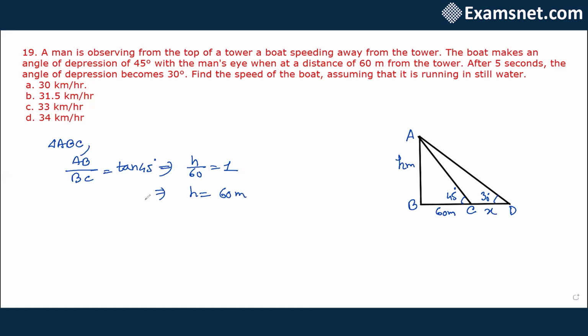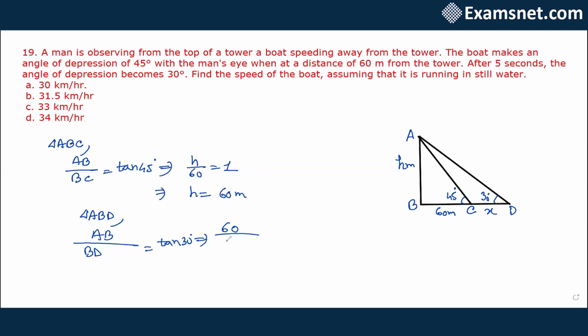Okay. Next, after considering the triangle ABD, we can write AB by BD equals to tan 30 degree. Next, we already know the value of AB, that is the height of the tower, which is 60 meters. So I can replace AB by 60.